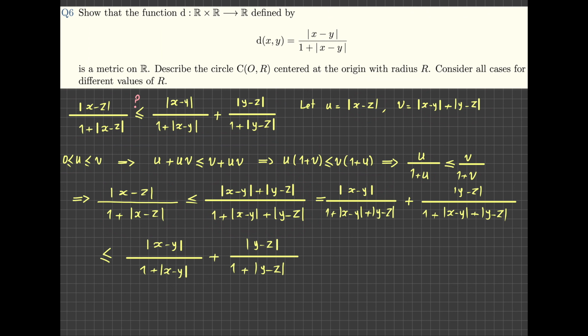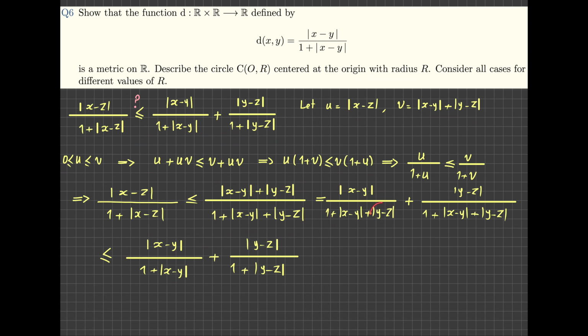So, to understand this, compare this fraction only with this fraction. You see that the numerators are exactly the same, but the denominator here is greater than or equal to the denominator here. Why is that? Because 1 here is 1, absolute value of x minus y is absolute value of x minus y.